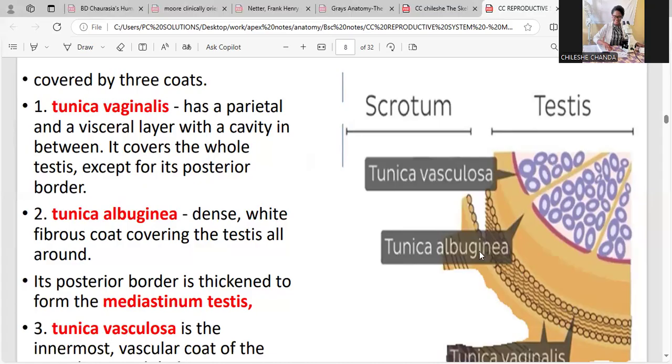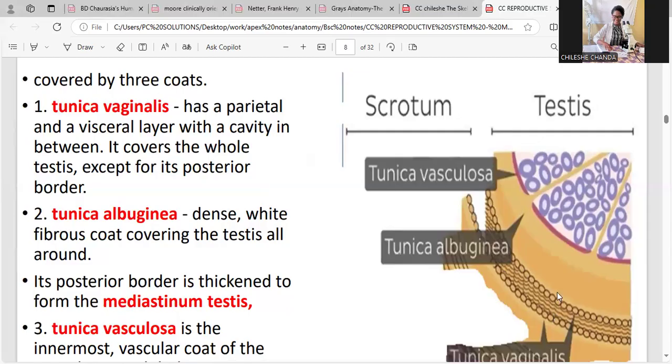And so this layer of covering of the testis is part of the peritoneum coming from the abdominal cavity, and it is known as the tunica vaginalis.